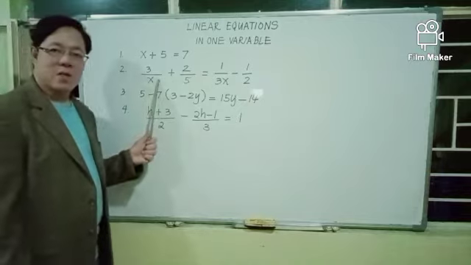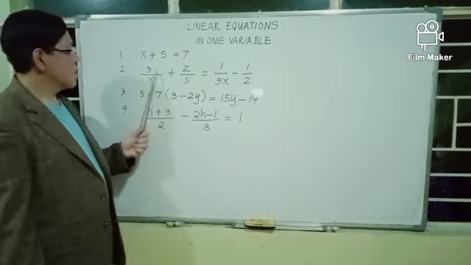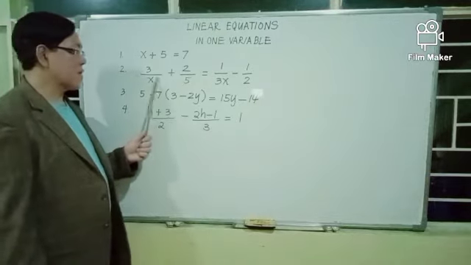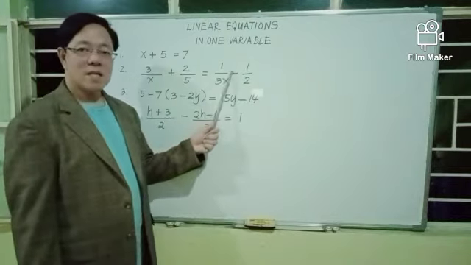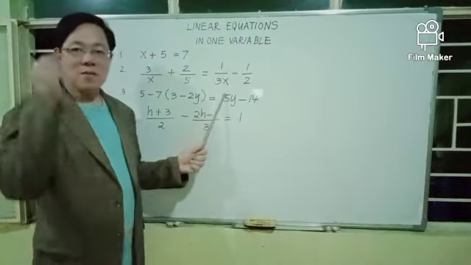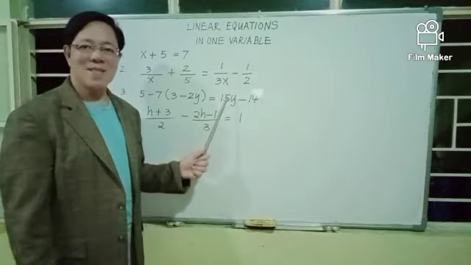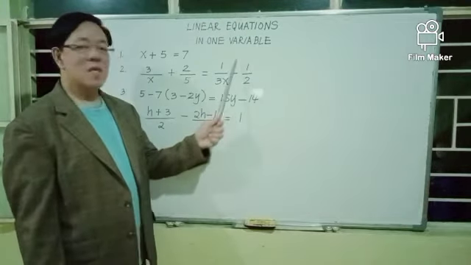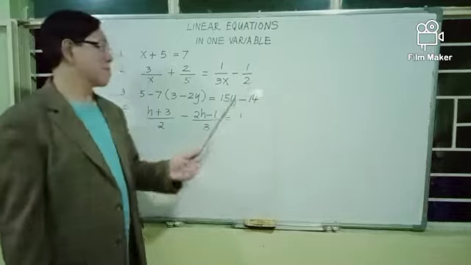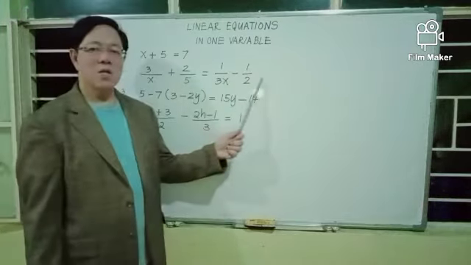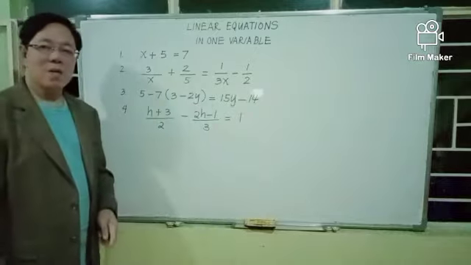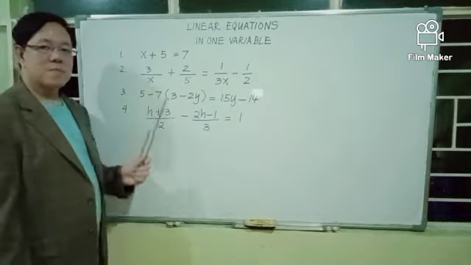In the first term, we have 3 over x, the exponent of x is 1. 2 over 5 is a constant term. At the right hand side, we have 1 over 3x in the first term. The exponent of x is 1. And negative 1/2 is a constant. So number 2 is a linear equation in one variable x.